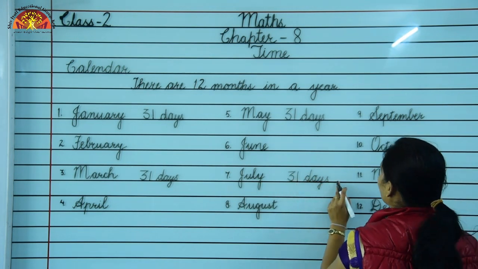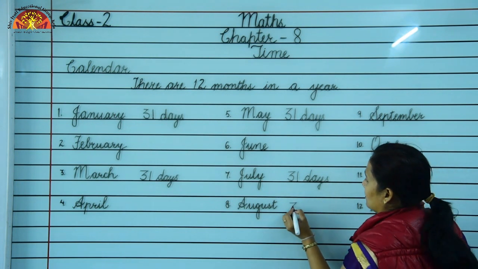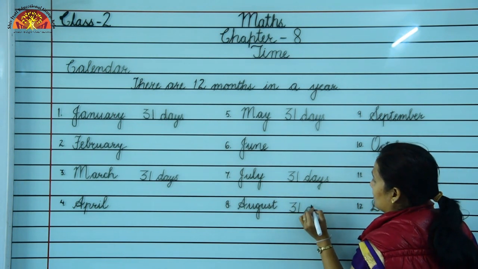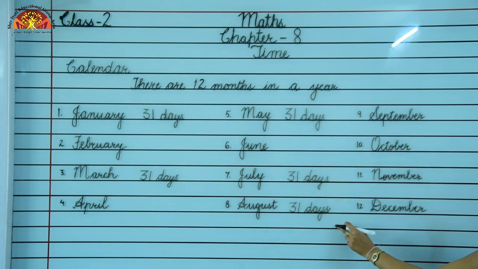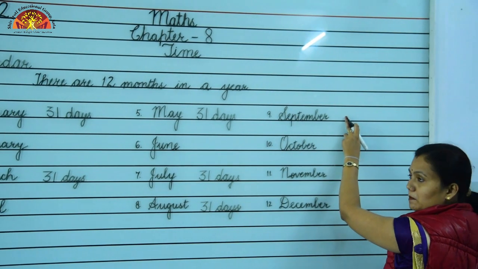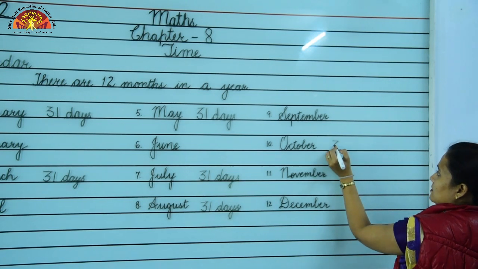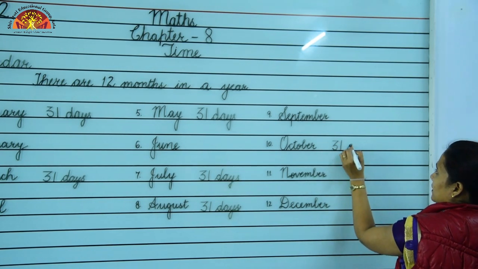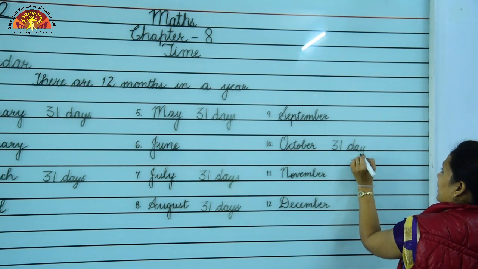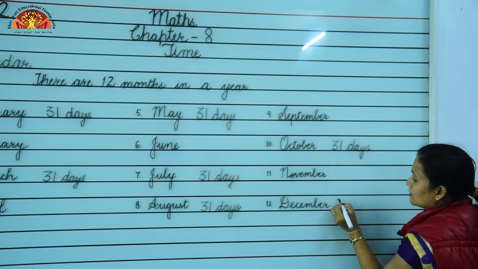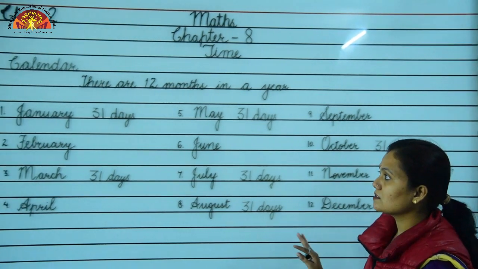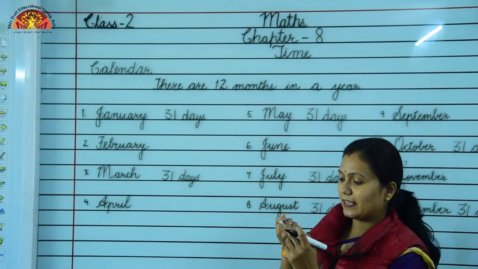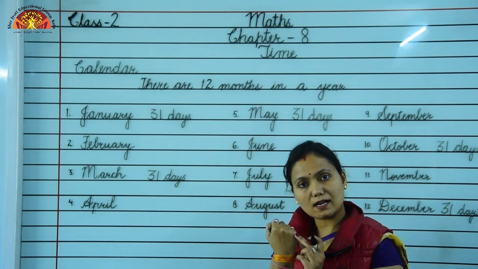After July, August. August has 31 days. Then leave September. October has 31 days. And after October, December has 31 days. Because these months' names are on the knuckle.